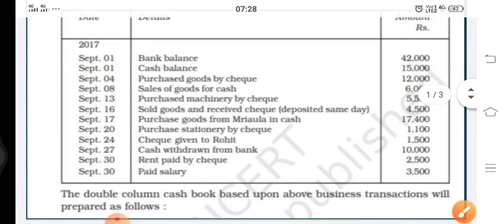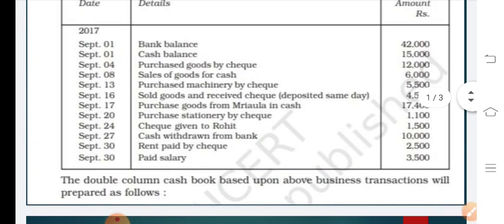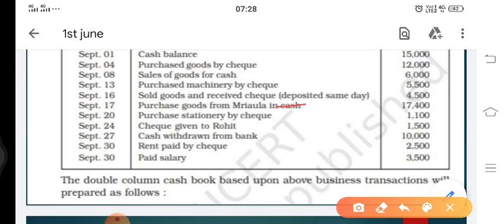The next point we have is purchased goods from Mridula in cash. Now here what happened is that we purchased goods from Mridula but in cash. What would have been here if this wouldn't have been mentioned? If it would just have mentioned that purchased goods from Mridula, we wouldn't have passed it to cash book.